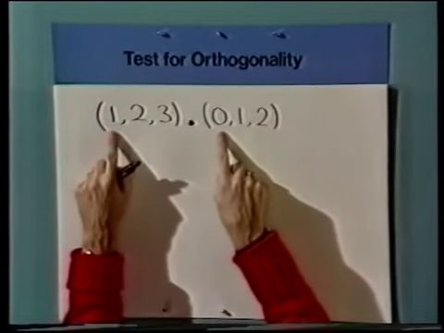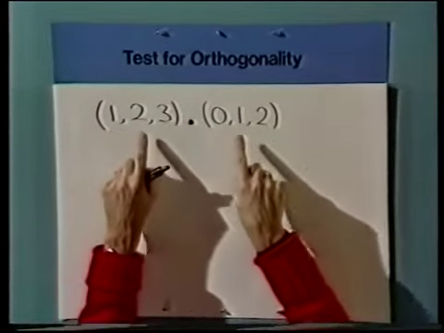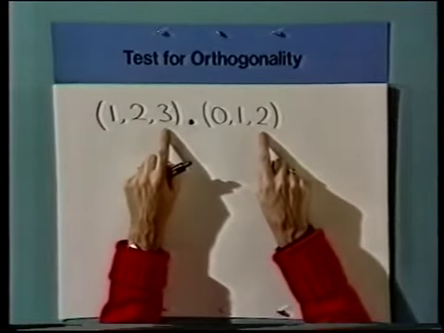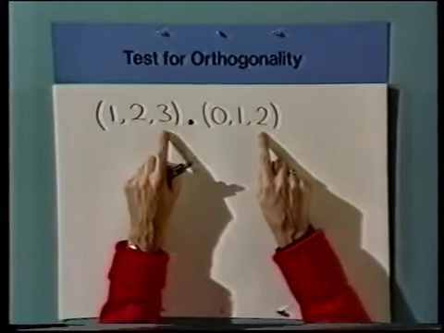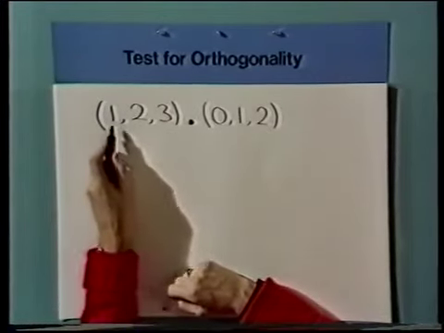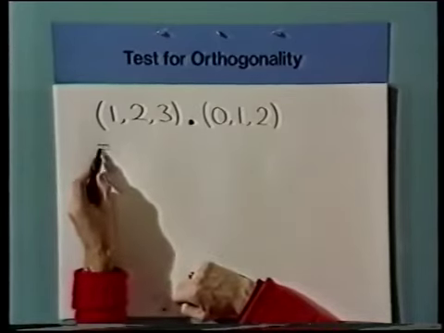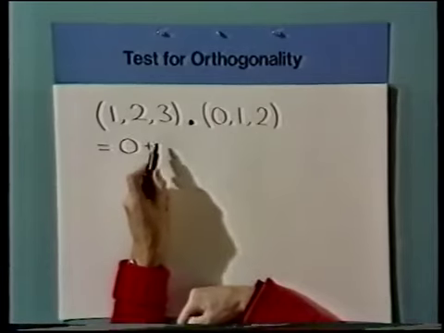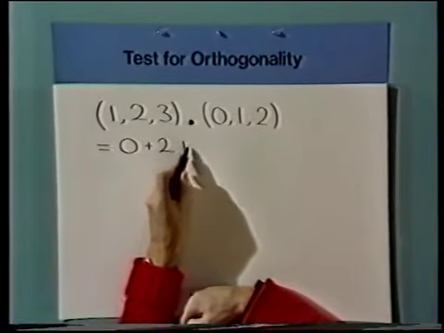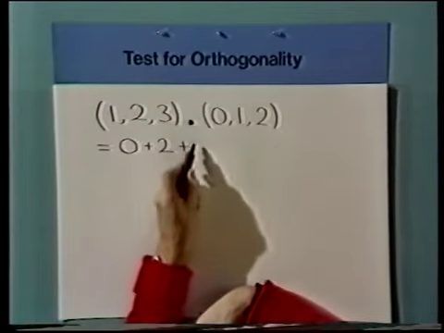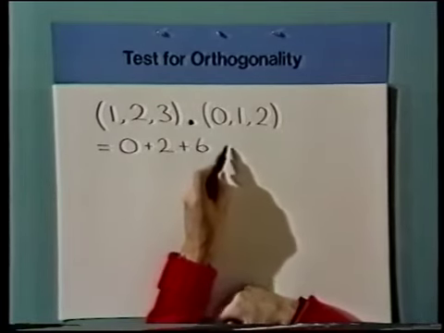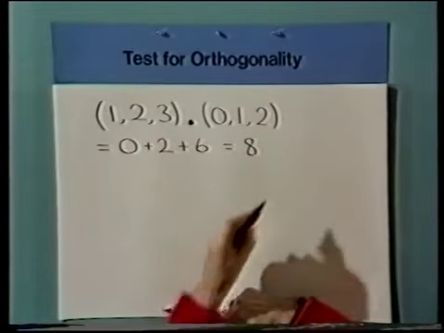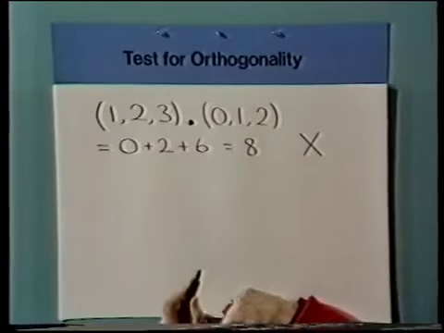We take the first coordinates and multiply them, we take the second coordinates and multiply them, we take the third coordinates and multiply them, and we just add the results. So what do we get in this case? We get 1 times 0, which is 0, plus 2 times 1, which is 2, plus 3 times 2, which is 6, and adding these gives 8, which is certainly not 0. So these are not orthogonal.